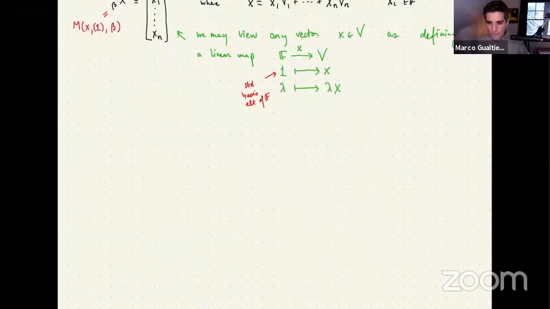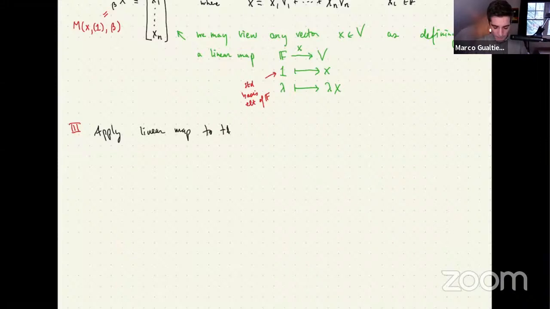And then number 3 is that we can apply the linear map to the vector. So I can take the linear map from V to W, apply it to x, and what will I get?